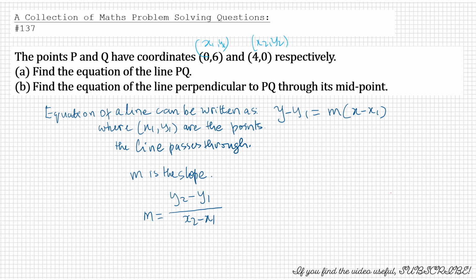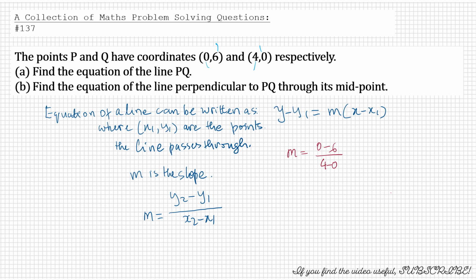You can take whichever point as x1, y1 or x2, y2. It doesn't matter as long as you take the difference of the y coordinates first and divide it by the difference of the x coordinates, maintaining the same order. So in this case m would be 0 minus 6, divided by 4 minus 0, which gives minus 6 out of 4.